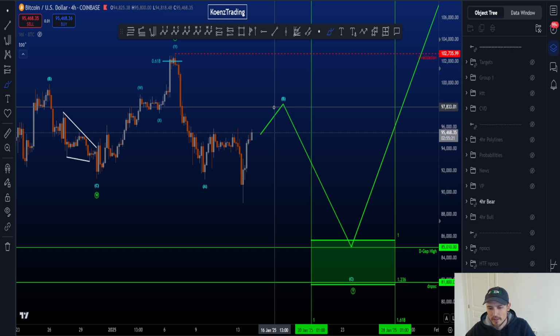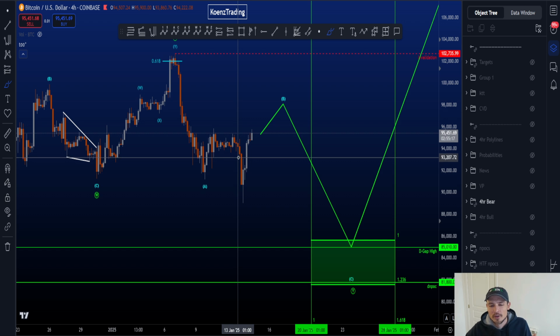It will never have the highest probabilities unless everything else fails. So that also, of course, negatively impacts the probabilities for this particular scenario.